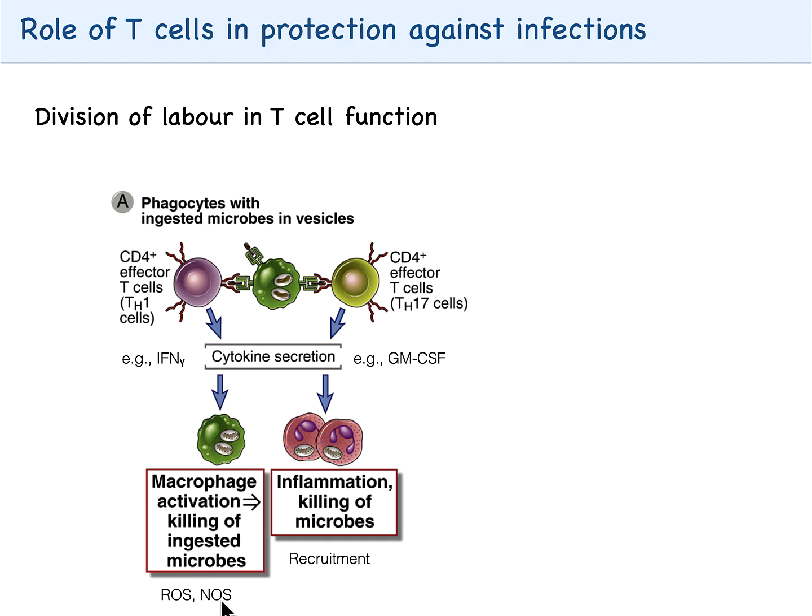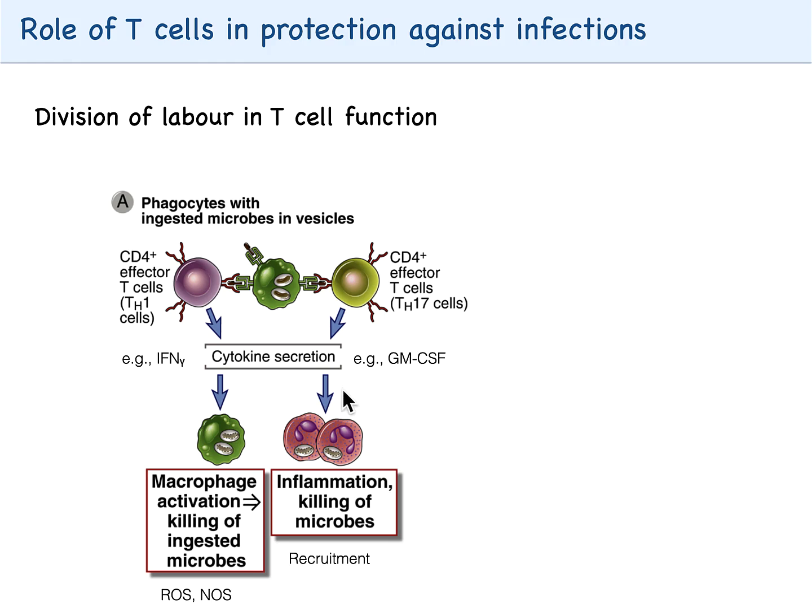On the other hand, other helper cells, in this case, for instance, Th17, don't produce interferon gamma, but they produce other cytokines, for instance, GM-CSF, yeah, or IL-17 or IL-22, yeah. And we know that some of these cytokines are very important at either recruiting other immune cells at the site of infection or activating them in situ as well.